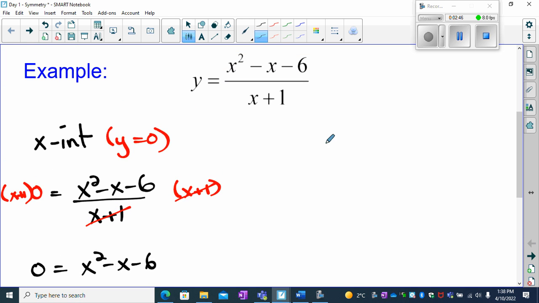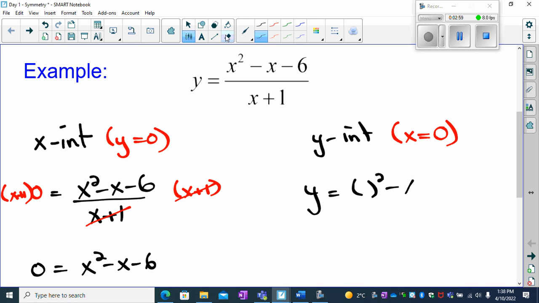For a y-intercept, I take the exact same equation, only this time I'm going to fill zeros in for x. Y-intercepts are much easier. All I'm going to do is straight order of operations, some direct substitution.